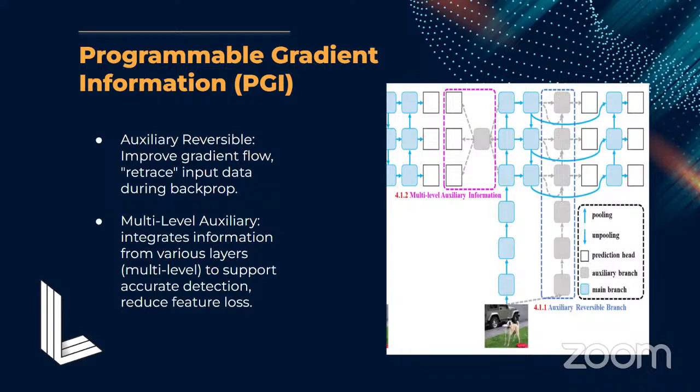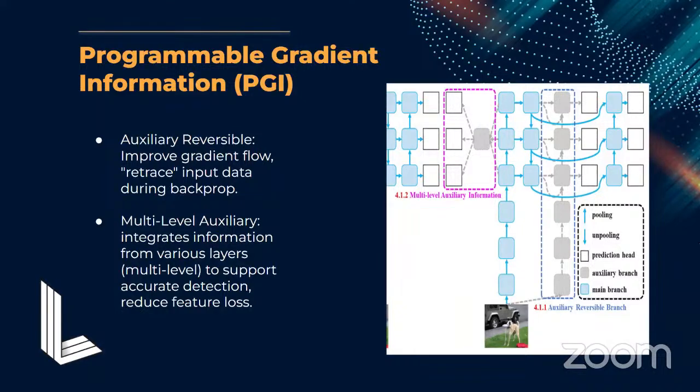And coming to the multi-level auxiliary branch, this aggregates the information from the different layers, and this supports more accurate detection. Since one particular node has the information for all the objects, the information getting lost is less here.